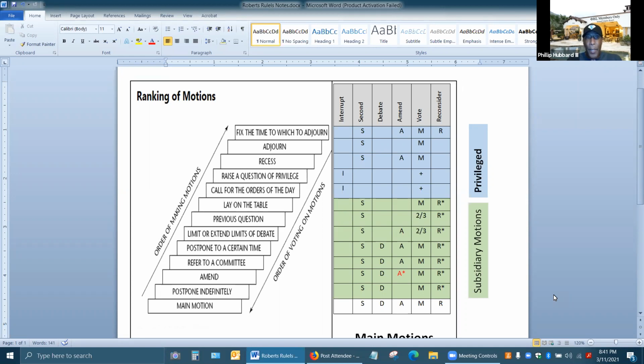After postponed indefinitely, we have the motion to amend. When we amend motions, I will go over that just a little bit, because there are usually three types of amendments to our motions.